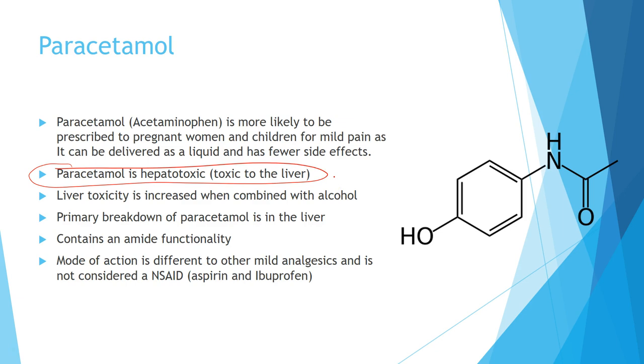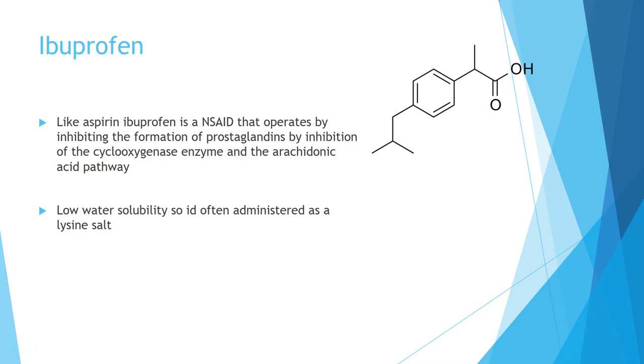The thing about paracetamol is its mechanism of action is different to other mild analgesics, so it's not said to be a non-steroidal anti-inflammatory, which is what aspirin and ibuprofen fall under. This is ibuprofen, which is another non-steroidal anti-inflammatory like aspirin.